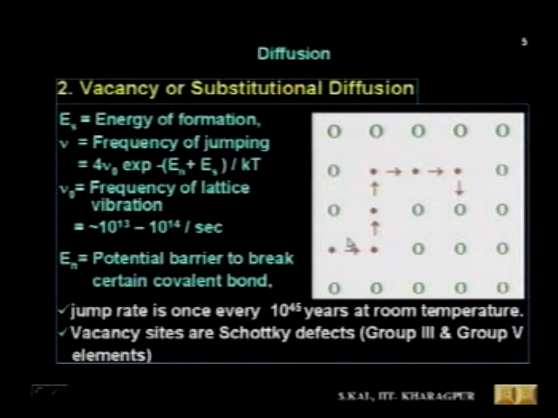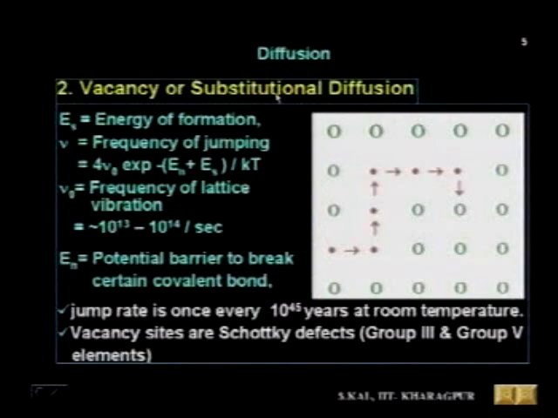Now, if a silicon atom is absent from a particular site, then that site will be occupied by a dopant atom. That means it is substitution. The dopant atom substitutes the silicon atom. Now, again, the silicon atom can move from one lattice site to another lattice site, and obviously the dopant atom follows, means it will again jump from one vacancy site to the next vacancy site.